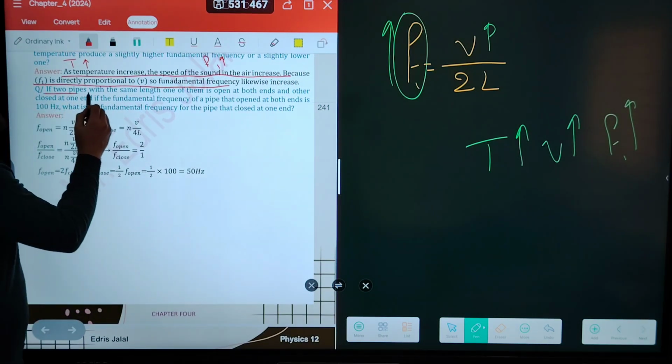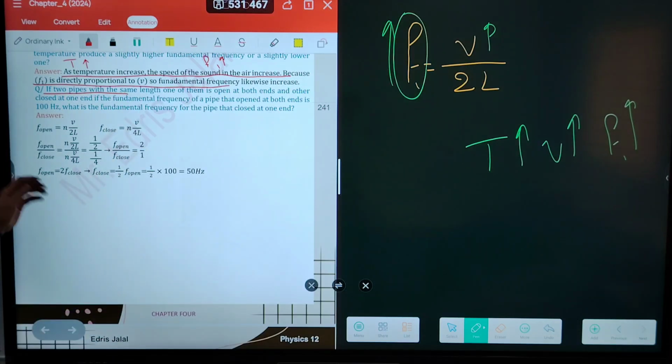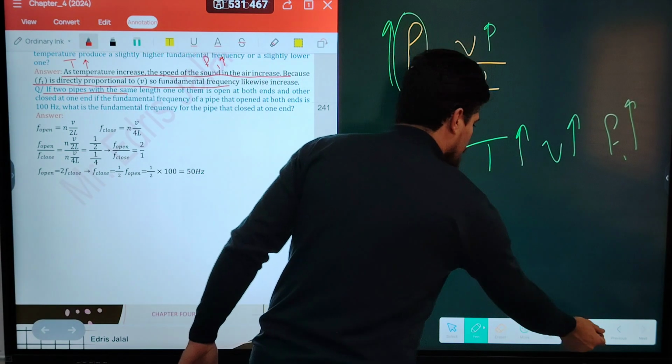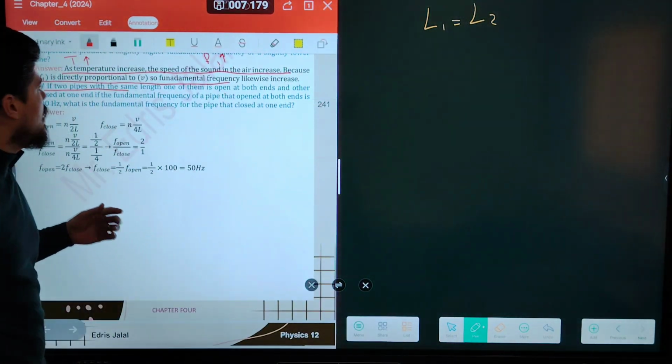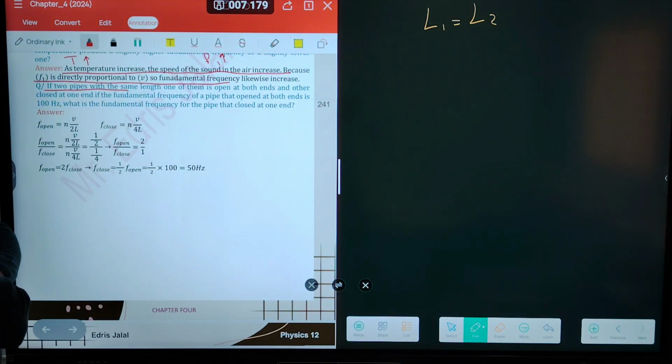If two pipes have the same length, L1 is equal to L2, one of them open at both ends and the other closed at one end.